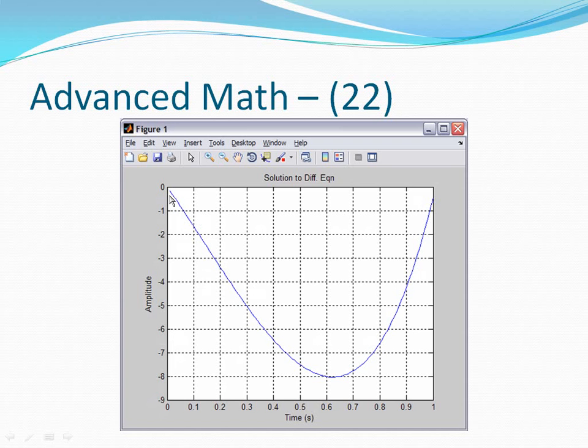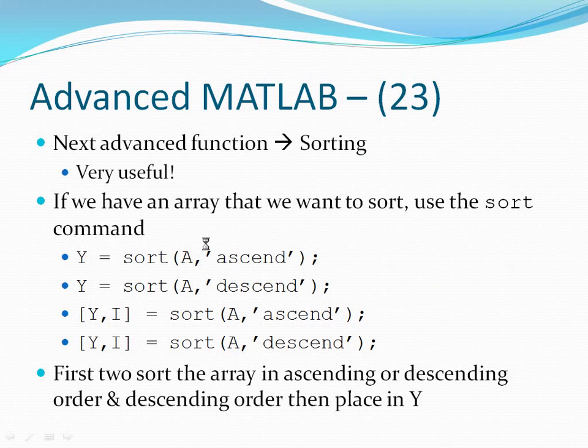Okay, so last but not least, we're going to take a look at sorting. If you have an array and you want to sort it in ascending or descending order, you use what's called the sort command. So you do sort, then brackets, and the array that you want to sort, and then you specify whether you want to sort it in ascending order or descending order.